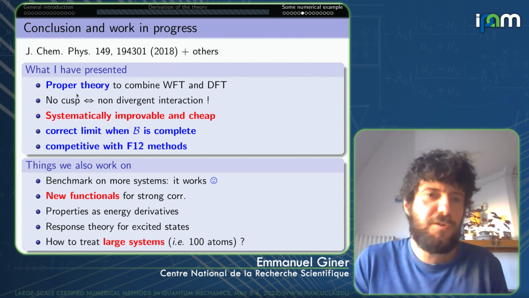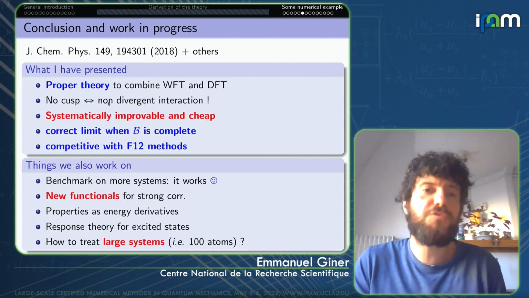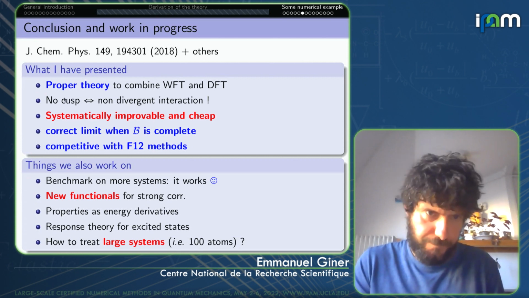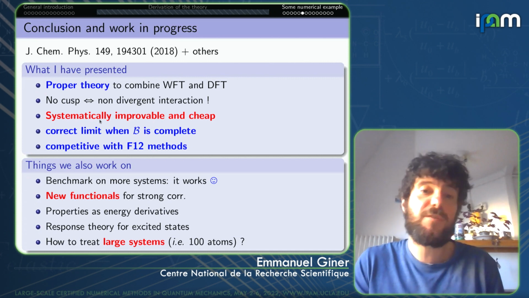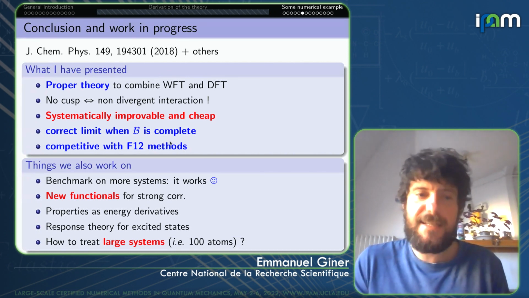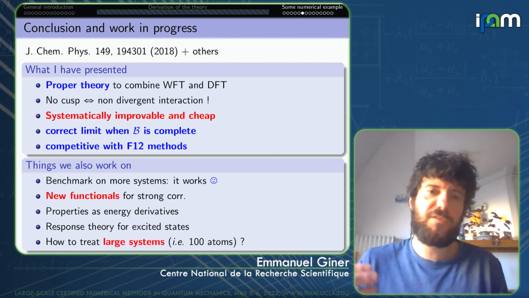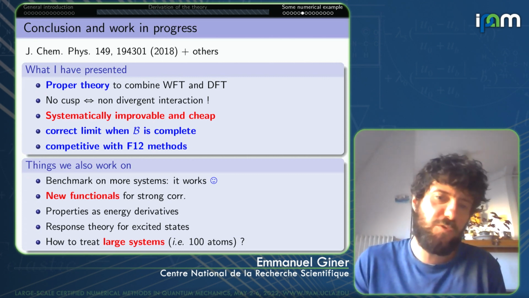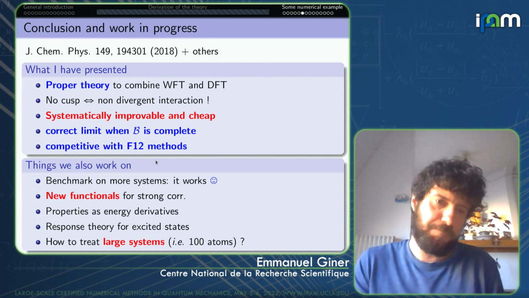The cornerstone is that if you don't have a cusp in the wave function, it means that in one way or another, you're using a non-divergent interaction. It is systematically improvable and cheap, and you have the correct limits when the basis set is complete. And it is actually competitive with the so-called explicitly correlated methods, which are the usual stuff that we do in wave function theory to cure the basis set problem, but which require much more machinery.